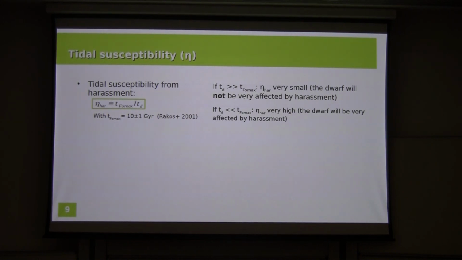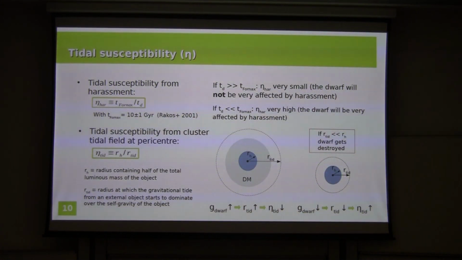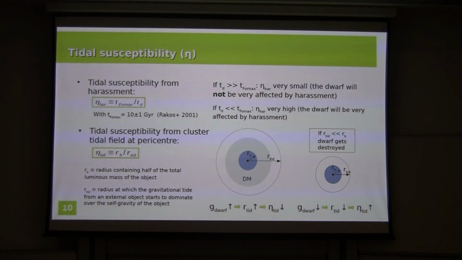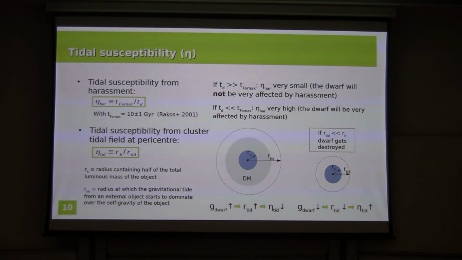We're also going to the other possibility, that the tidal susceptibility comes from the effect of the cluster tides. In this case, we would be comparing the half mass radius with the tidal radius. So let's say that your dwarf has very strong self-gravity, therefore your tidal radius is going to be very far away from the center, which means that your dwarf is not going to be very tidally susceptible.